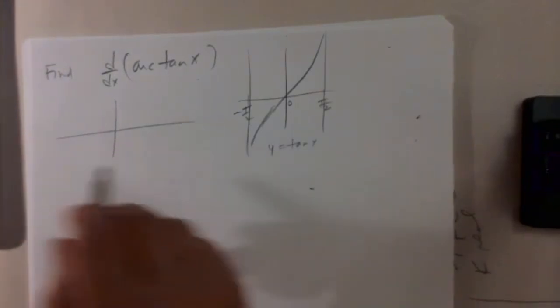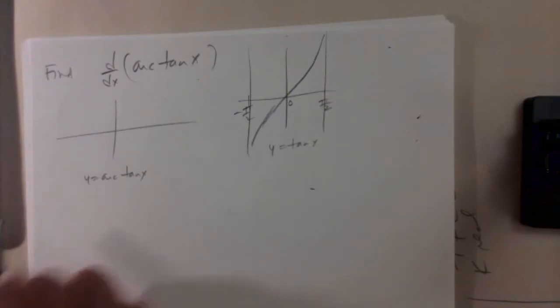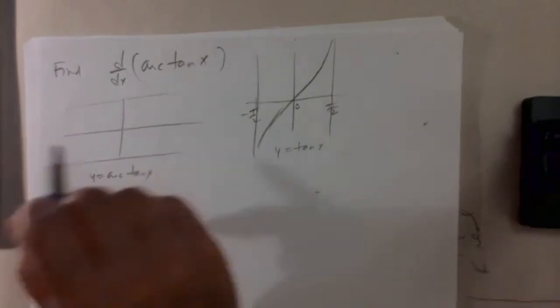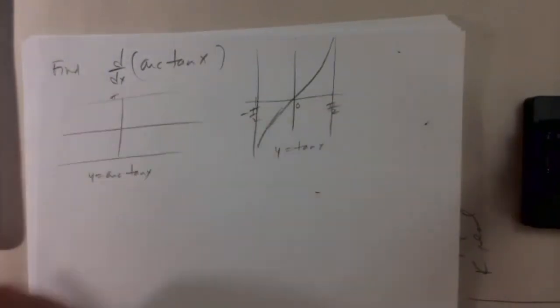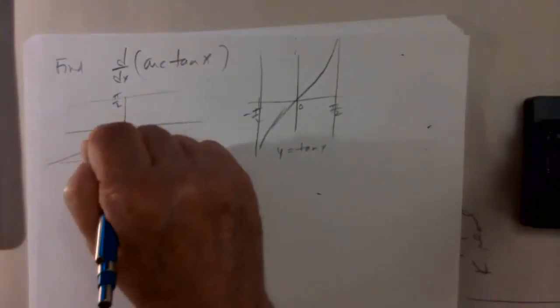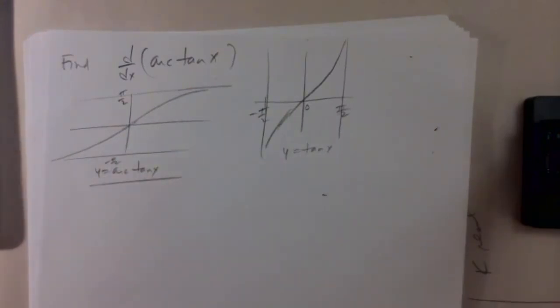So the arctangent is defined for all x from minus infinity to plus infinity. And it has horizontal asymptotes at pi over 2 and minus pi over 2. And the graph looks like this. This is the graph of the arctangent. It's defined for all x, and it has these horizontal asymptotes at minus pi over 2 and plus pi over 2, and the graph looks like that.